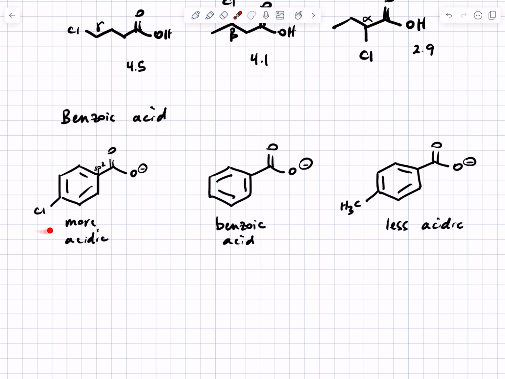So that's what's going on here with para-chlorobenzoic acid. The chloro makes the benzene ring more electron poor via electronegativity, and then that electron poor benzene ring, via an inductive effect, withdraws electron density away from the negatively charged carboxylate, making the conjugate base more stable, and therefore the acid more acidic.